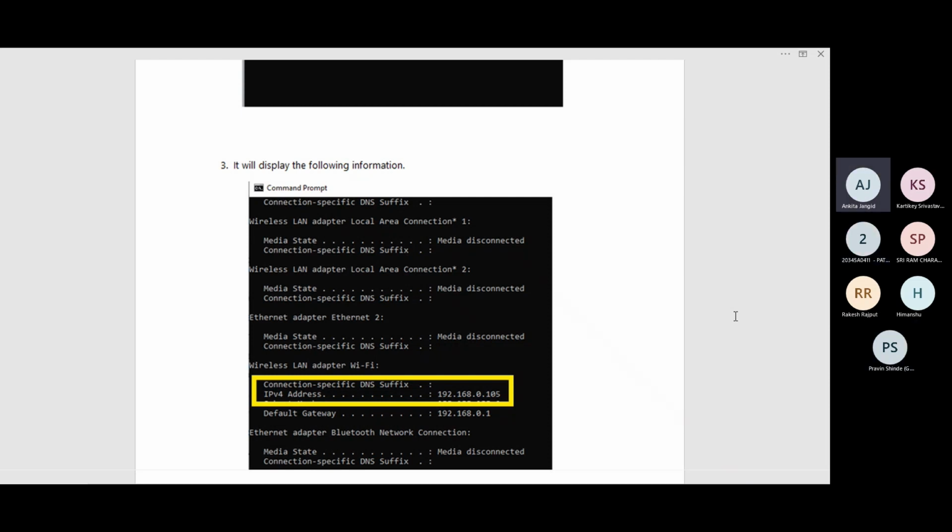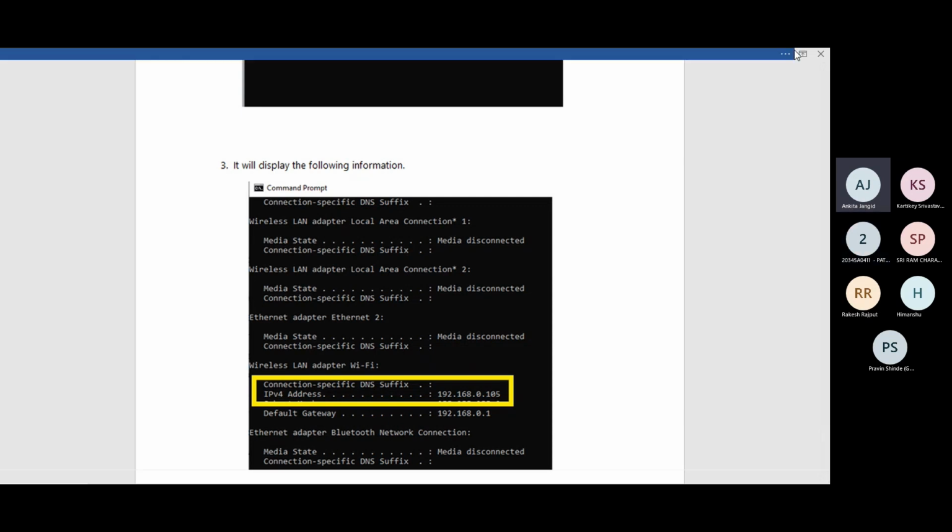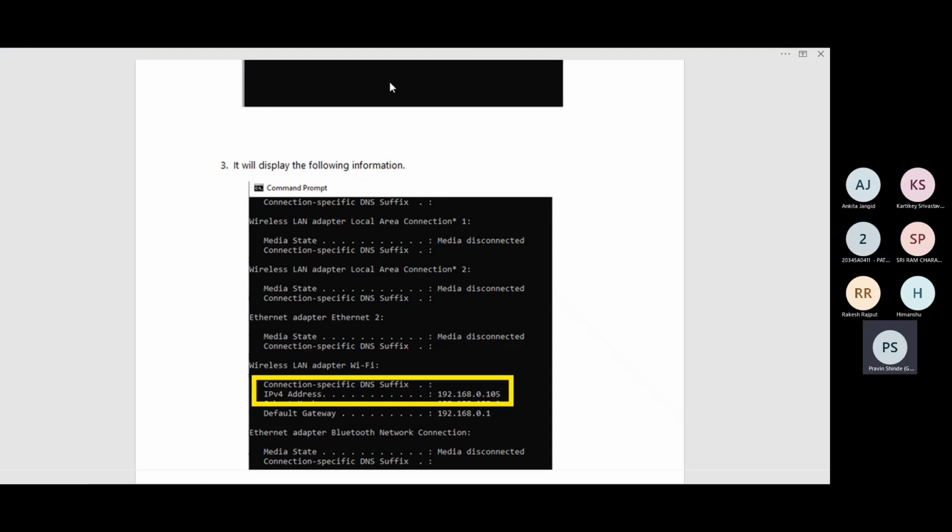Yes, Praveen, they are sharing in the chat box. So you can see that they are sharing the MAC address in the chat box. Okay, 190.1.16.